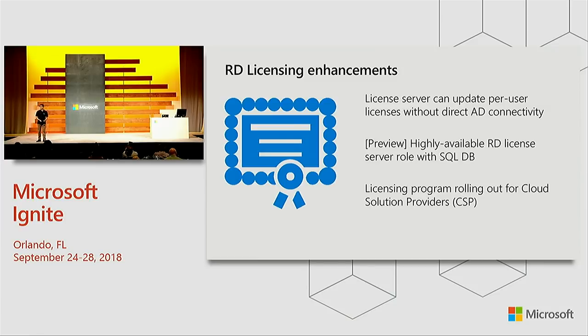What we have in preview in this release is the true high availability of our license server. You might remember in the past, we said split up your CALs across multiple license servers. You gave a list of license servers so your session host would go in order. What we have in preview right now is actually using a SQL database as a backend, so your license servers have a central repo to access. That way you get the flexibility of multiple domains, and you also get the flexibility of having that SQL database backend.